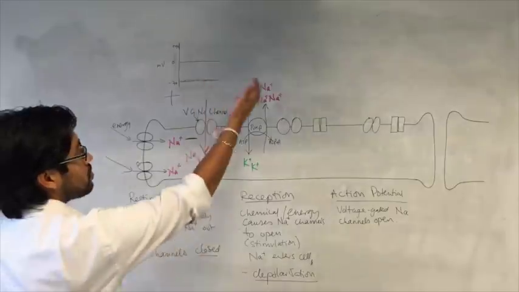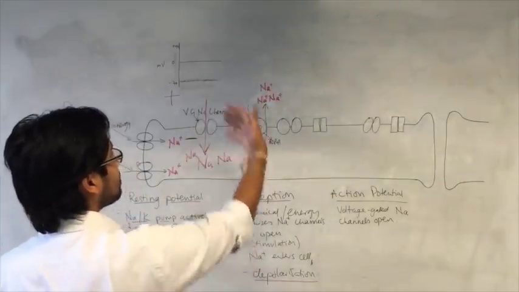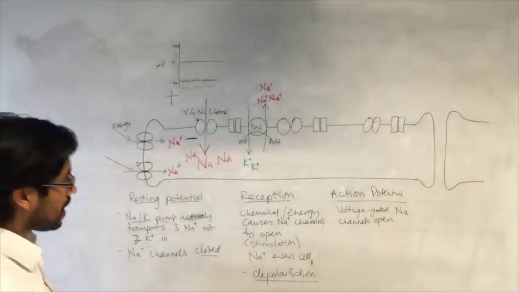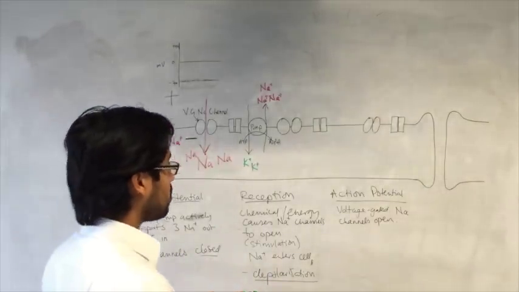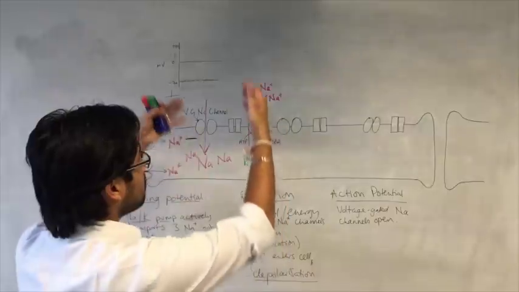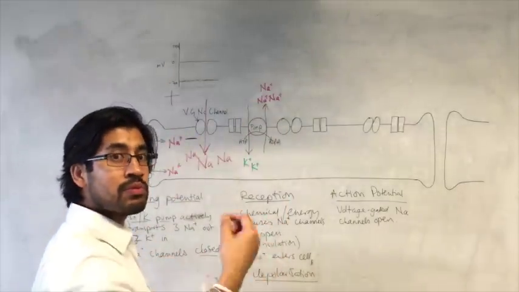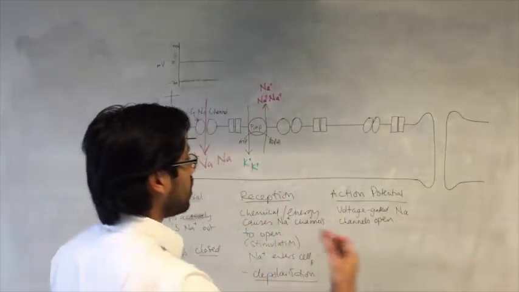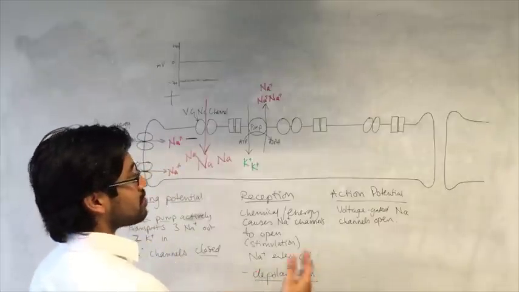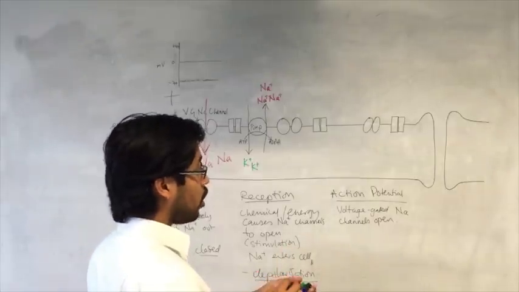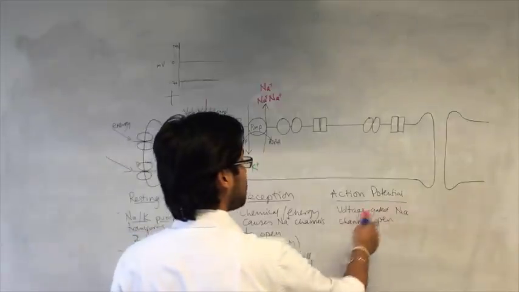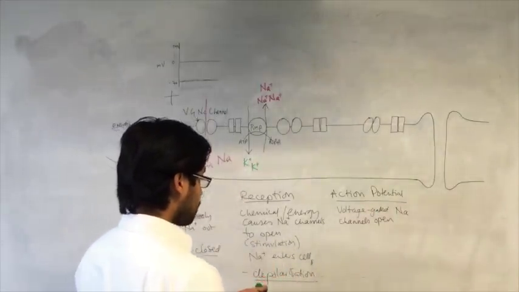Remember, there was lots of sodium outside, not that much inside, so it's going to rush in, down an electrical and chemical gradient. Remember, it was negative inside, so that's another thing that was causing more sodium to come in. Because sodium is positive, it's going to go towards negative regions, as well as towards areas of lower concentration. So, voltage-gated sodium channels open.